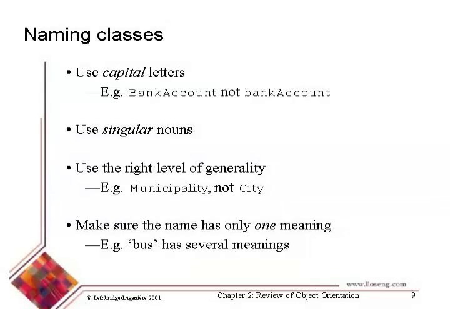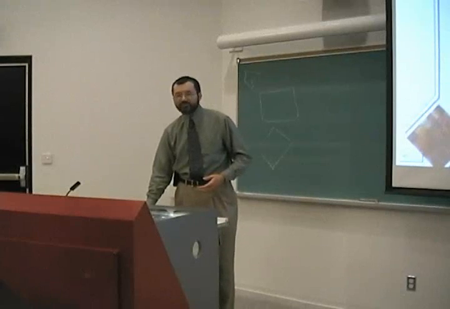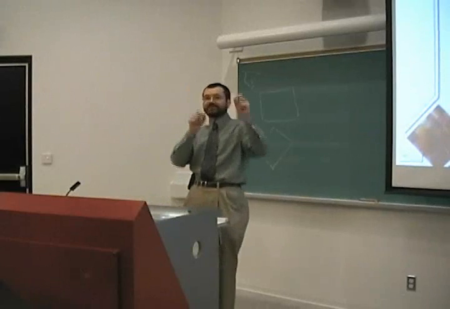So let's say that I was designing a system that was supposed to be running the property tax environment in the province of Ontario. Okay? The province of Ontario has many cities, towns, and villages. Collectively, these are called municipalities. There's a tendency for people, when they create forms, to have a box that says city.